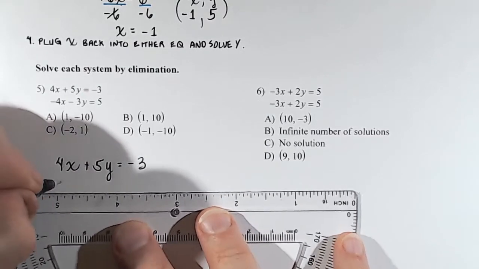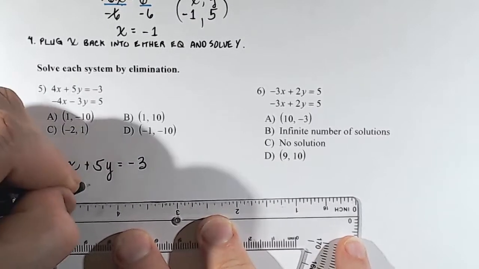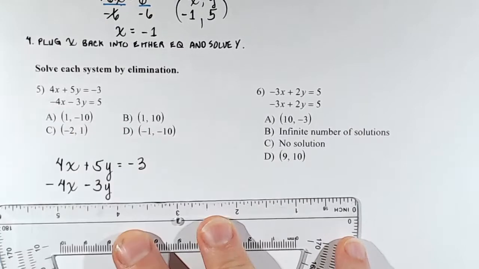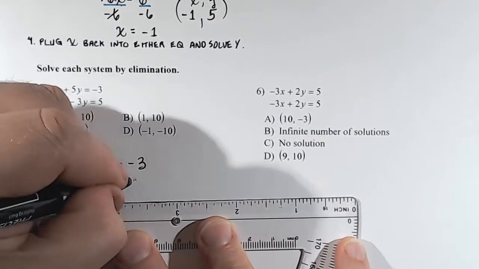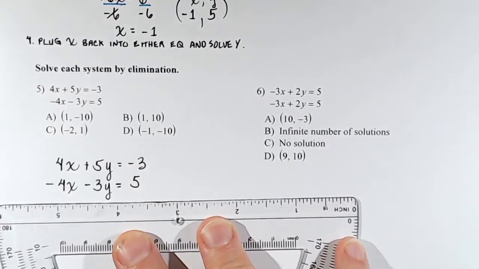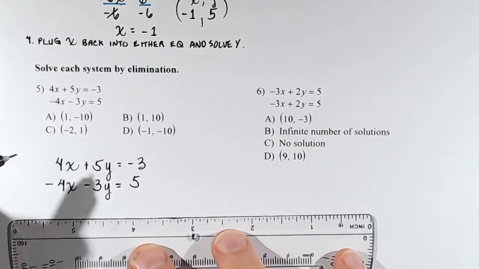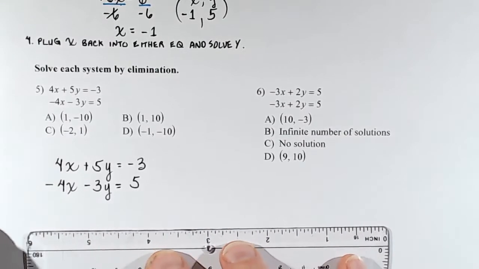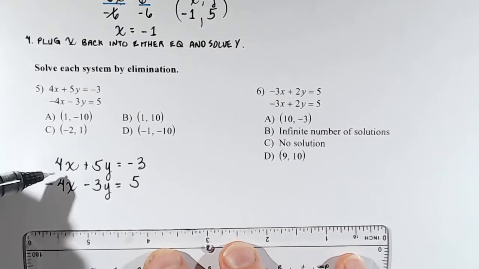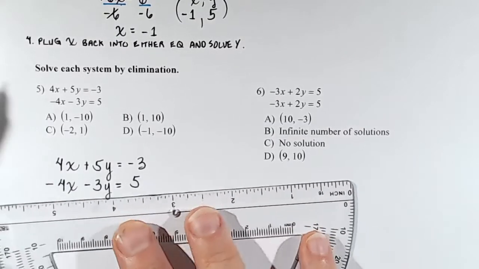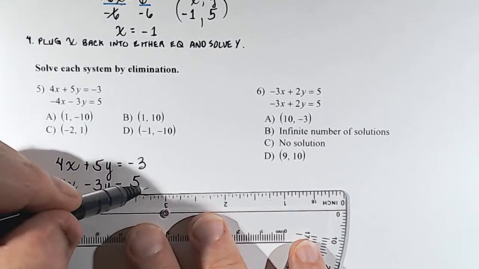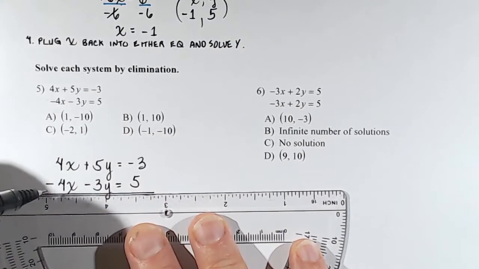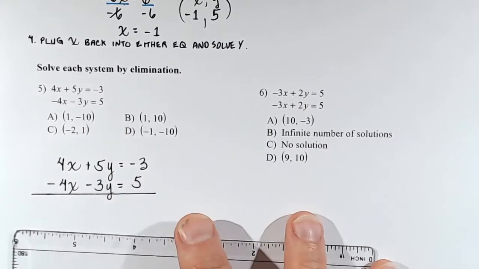And negative 4x minus 3y equals 5. Okay? Do we have common coefficients? Okay, yes we do. 4 and 4. So we can just draw our line. We don't have to multiply either equation by any term. We can just draw our line.